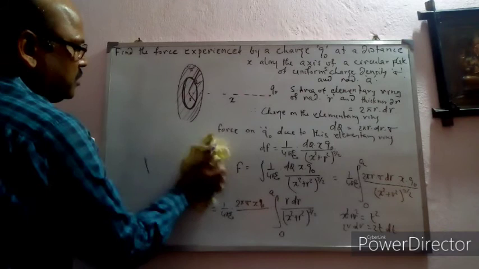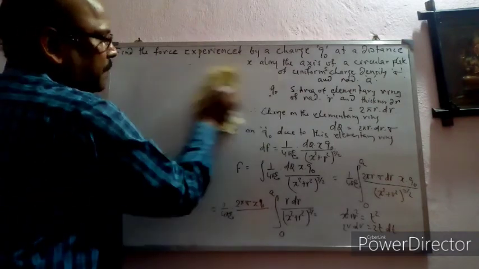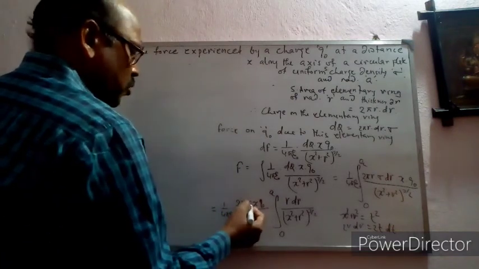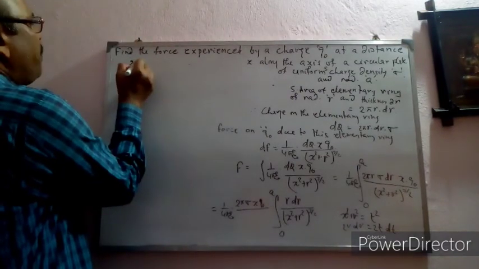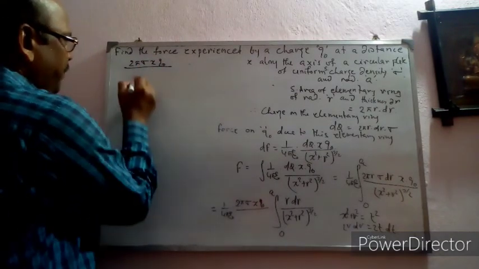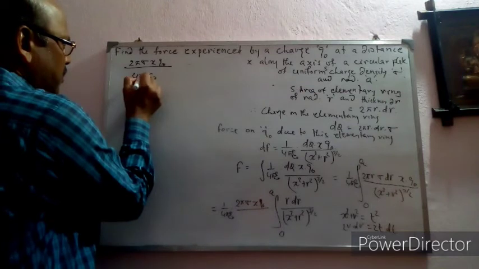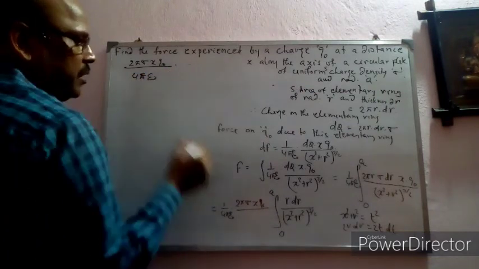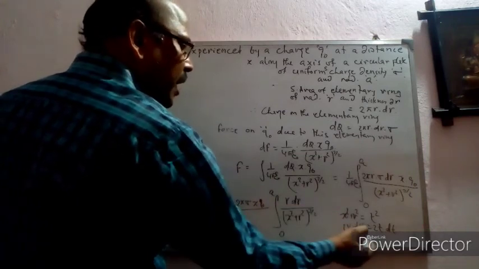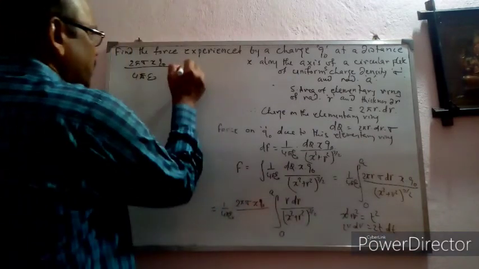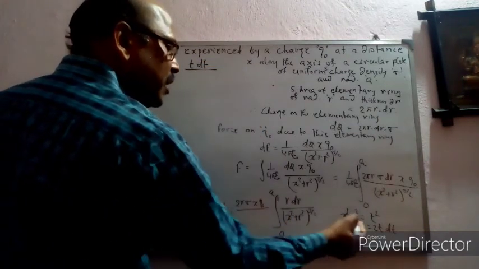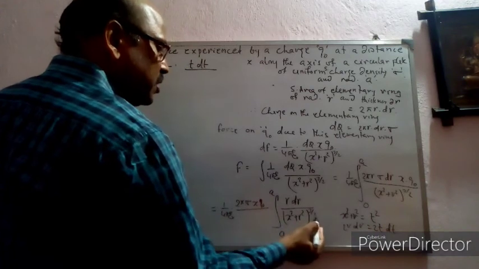So the solution of this integration will be 2 pi sigma x q naught by 4 pi epsilon naught into r dr. In place of r dr I can put t dt, divided by x square plus r square, which is t square, so t square to the power 3 by 2 is t cube.